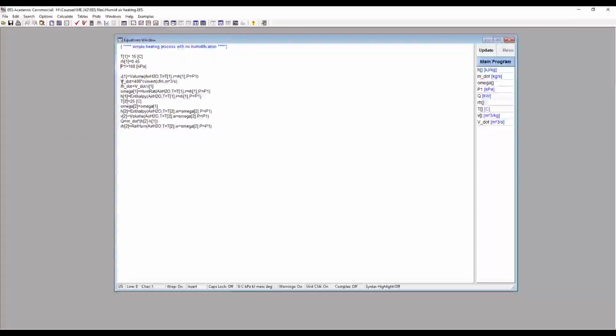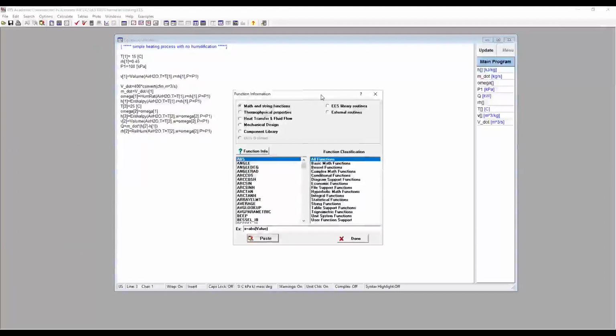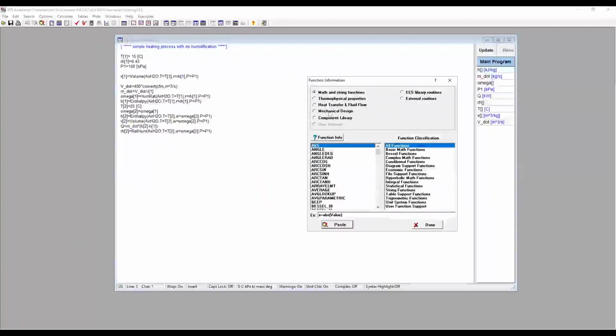Then the next one is calling specific volume. So this is how you do it. This is function info. Please mute your microphones. Click on function info, and you have to check thermophysical properties.